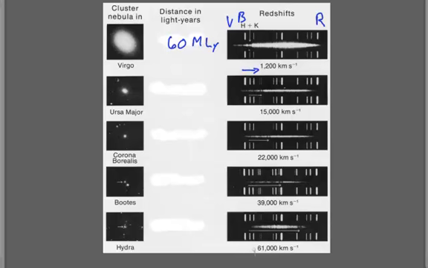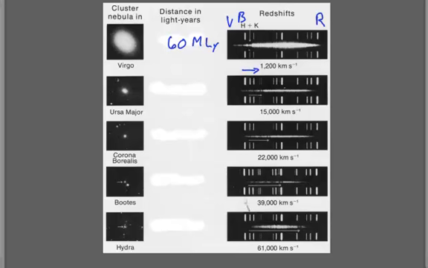The Hydra galaxy that's so distant that you can barely even see the thing, at least in this photograph, 61,000 kilometers per second. About 20% of the speed of light, an enormous redshift that takes that pair of lines that would normally be violet or purple clear over to almost into the yellow part of the spectrum.